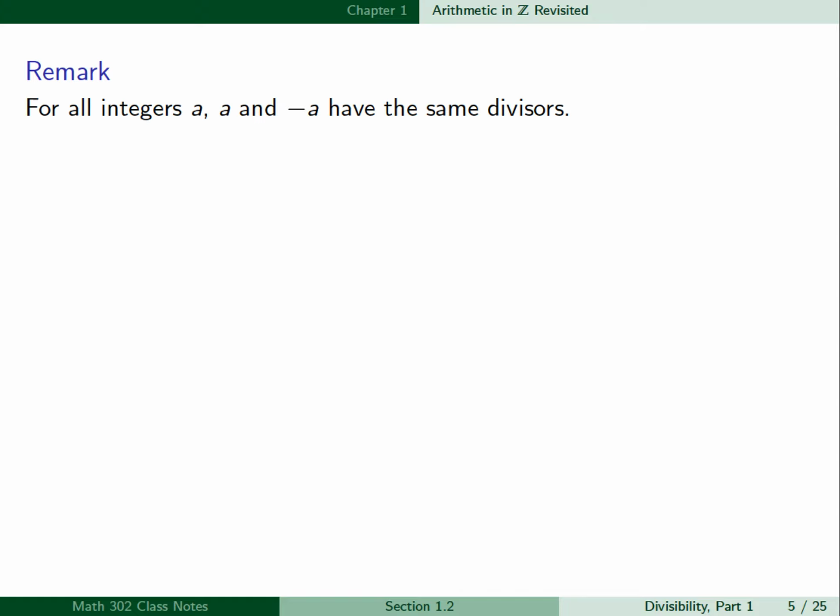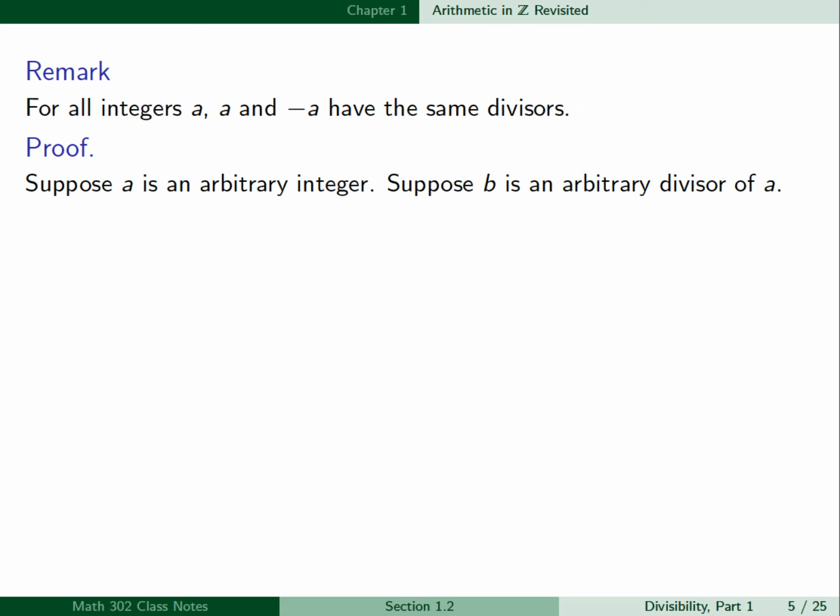For another remark, we have the statement that for all integers a, a and minus a have the same divisors. So an integer a and its negative have the same divisors. To prove this, let's suppose a is an arbitrary integer, and let's start by supposing b is an arbitrary divisor of a. We want to show that b is also a divisor of minus a.